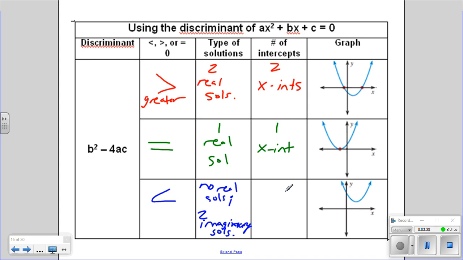And as you can see, it doesn't cross the x-axis, so it has no x-intercepts. So again, when you're using the quadratic formula, it's nice to find the discriminant first. That way we'll know how many solutions we should be finding and when we can stop.